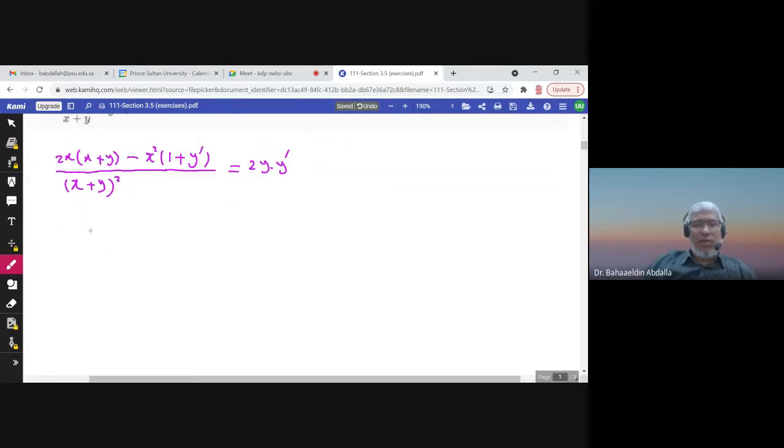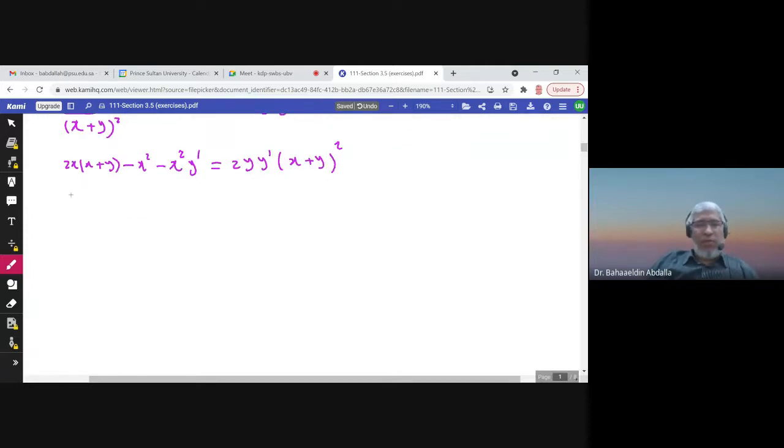Cross product, so I will expand this, x squared times 1 minus x squared times y prime equals 2y prime times x plus y to the power 2.